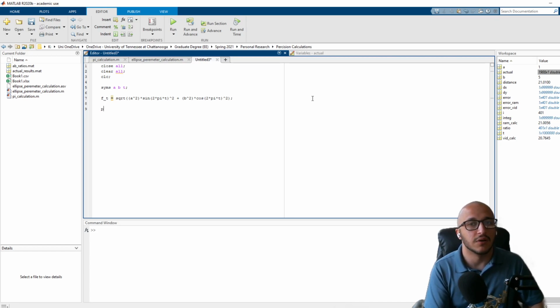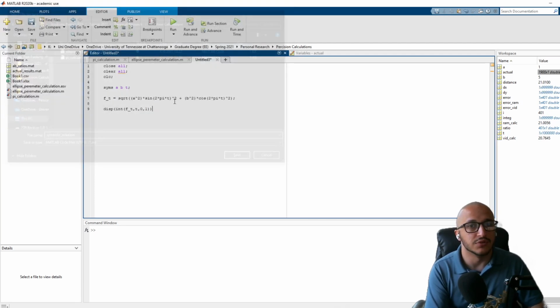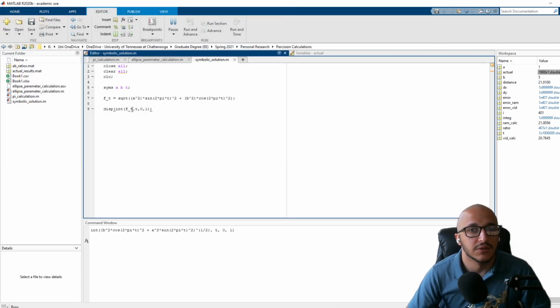Then we want to integrate f of t with respect to t from 0 to 1. Let's see, symbolic solution. Let's see if it does.